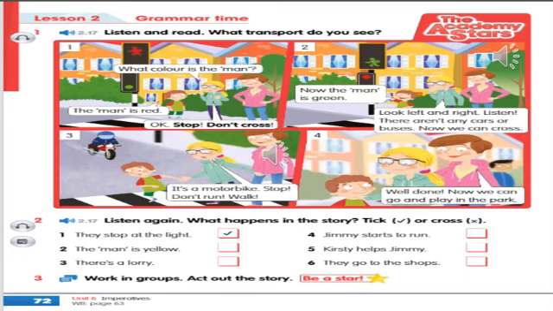Number 3. It's a motorbike. Stop. Don't run. Walk. Can you hear? So they saw now a motorbike.